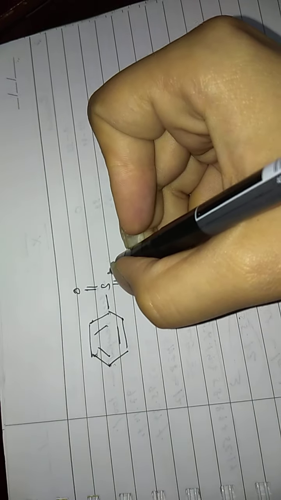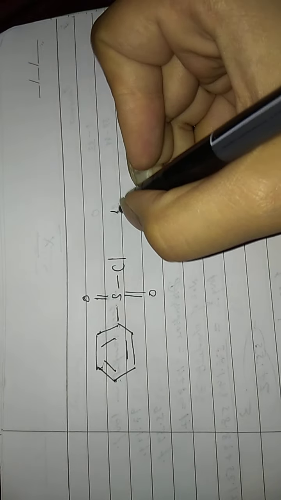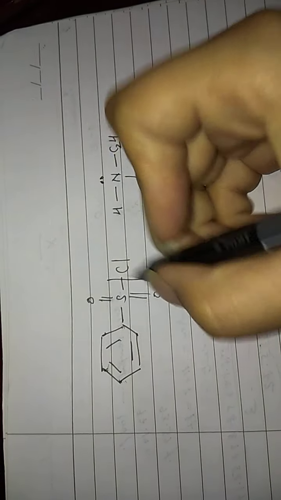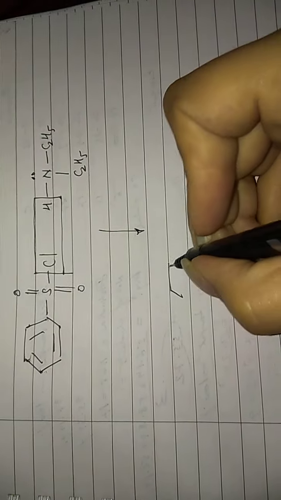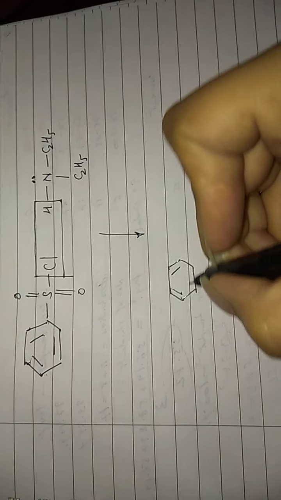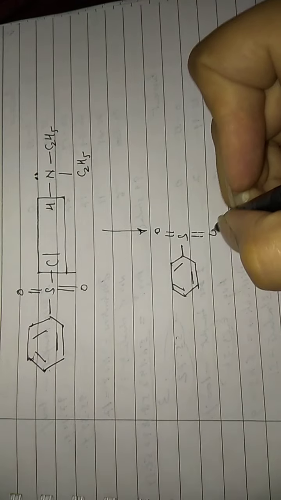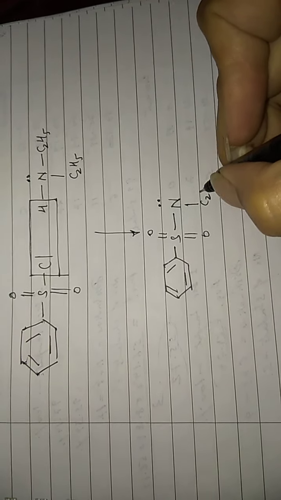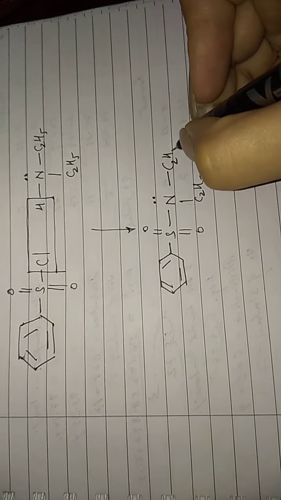Now if I react the Hinsberg reagent with a secondary amine, where I have two ethyl groups attached to the nitrogen atom and just one hydrogen atom, same procedure, I remove HCl from between, thus generating S double bond O, directly connected to the nitrogen atom with an ethyl group and another ethyl group over here.